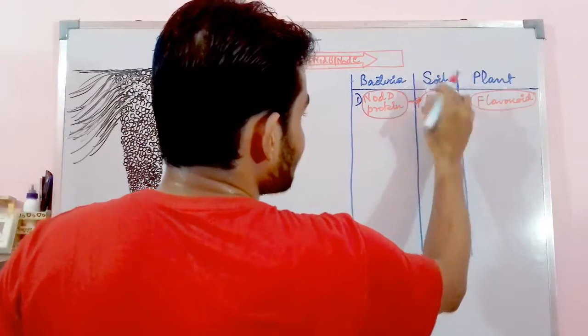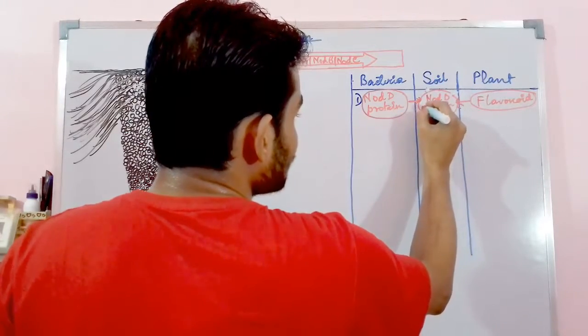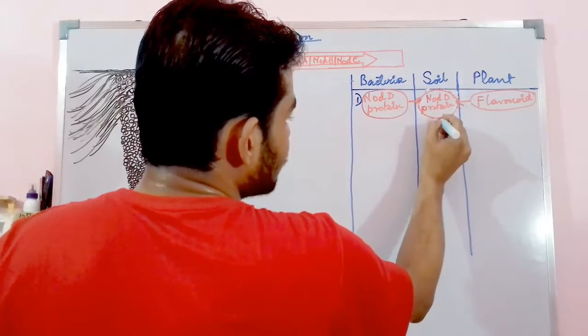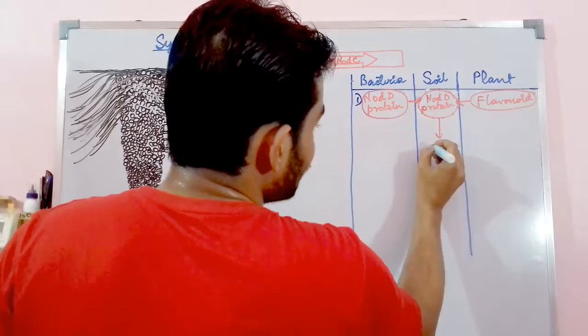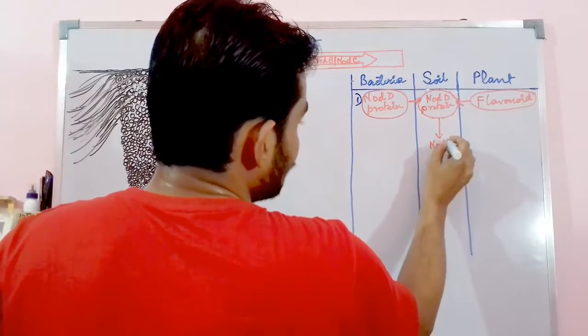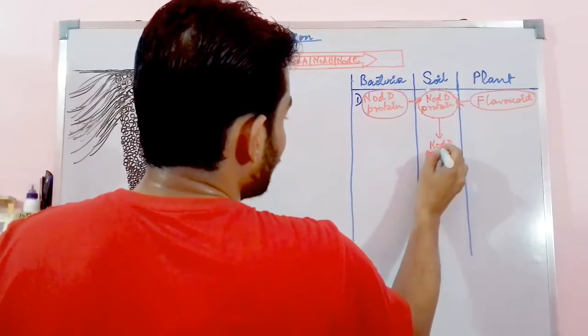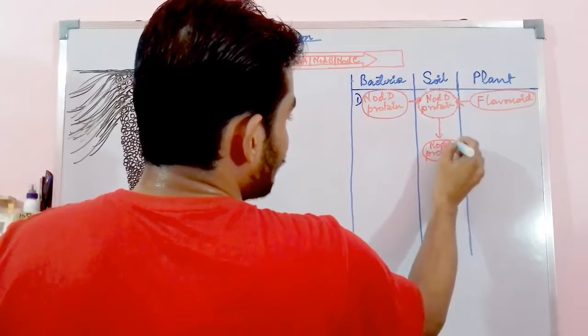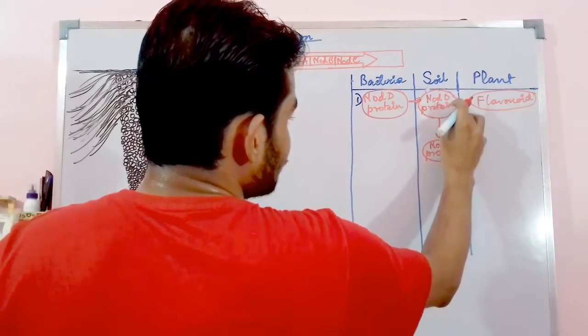Let me show the activation in the second step, then it will be easy to understand. So the flavonoid is coming in contact, and the NOD D protein is activated.